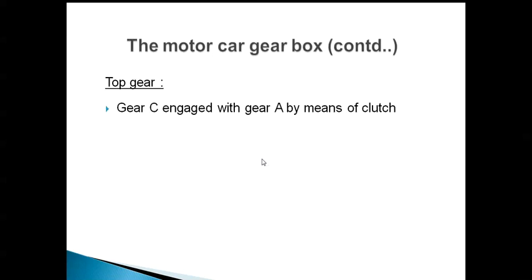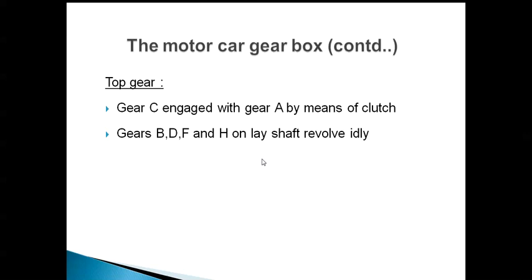So now first we'll see the top gear. Gear C is engaged with gear A by means of the clutch. So here we have direct contact. C and A will be in direct mesh by means of the clutch. So gears B, D, F, H on the lay shaft revolve idly. There is no part of the lay shaft because C and A are directly in contact by means of the clutch.